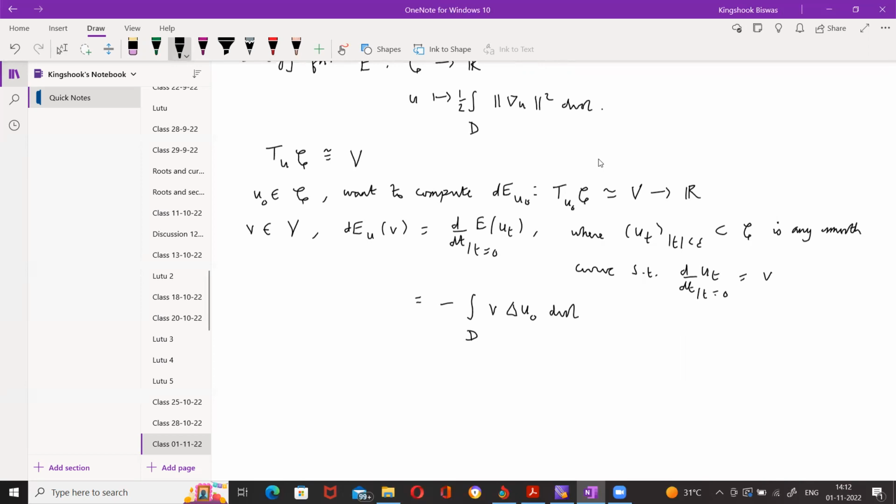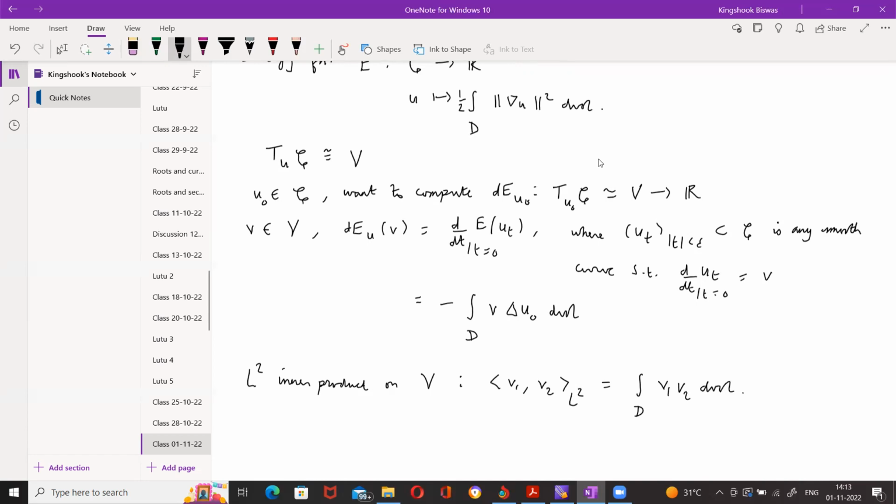So we have the L2 inner product on V, which is the integral over D of v1 times v2, the usual L2 inner product.